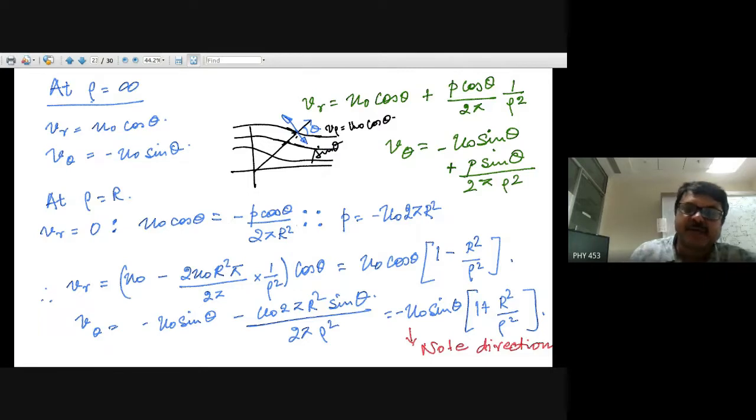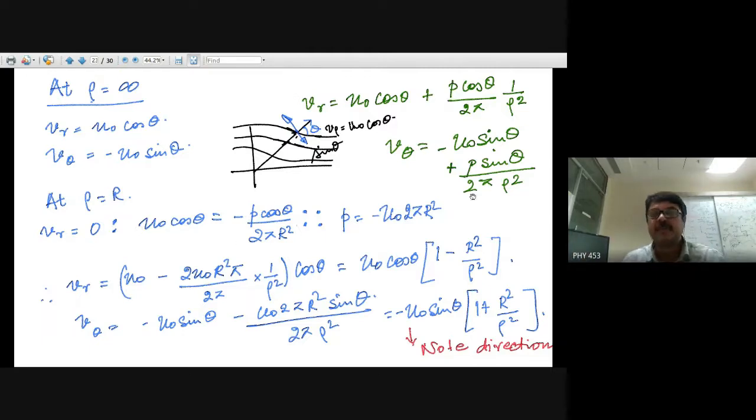And what you get is P equal to minus U0. So basically this equal to 0, and thereby U0 equal to this, and you can calculate P in terms of U0. Remember, U0 is given as a boundary condition. The flow velocity of the fluid at R equal to infinity.